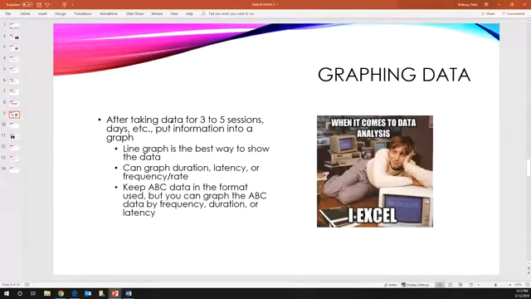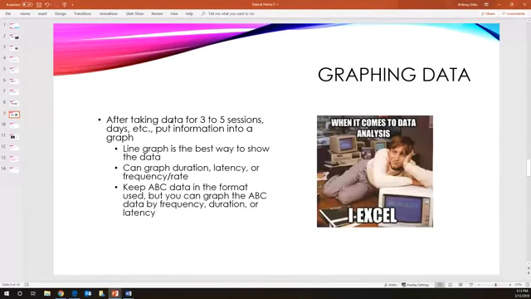So what do you do with all this data once you've collected it? Well, behavior analysts, we graph that. So I would also like to see parents try their hand at graphing. Most of the time in ABA, people use line graphs.